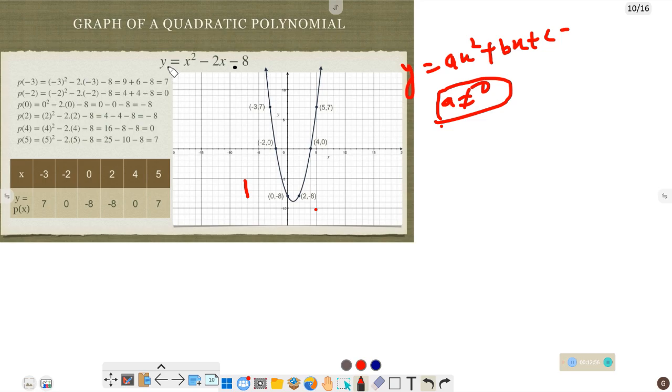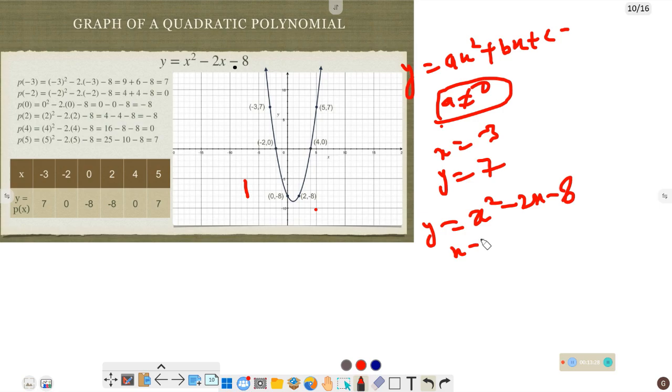We have an expression, and we put values in this expression and get the value of y. First we put x equal to minus 3 and get y equal to 7. We solve it: we have the expression y equal to x square minus 2x minus 8, and we put x equal to minus 3.